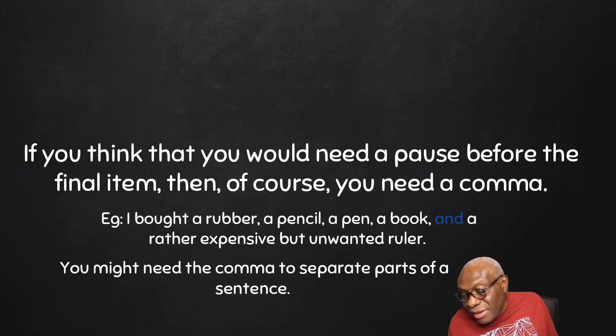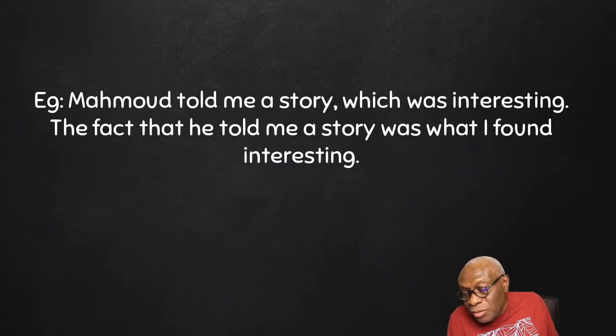You might need a comma to separate parts of a sentence. Now, look at this. Mahmoud told me a story, which was interesting. The comma is there because what is interesting is not the story, but the fact that Mahmoud told me a story.